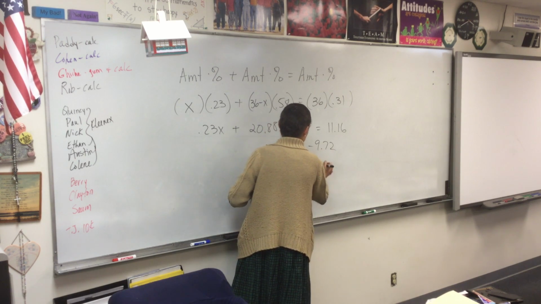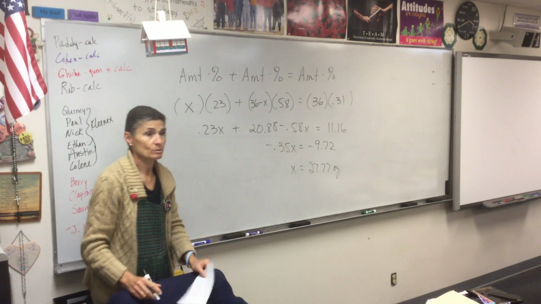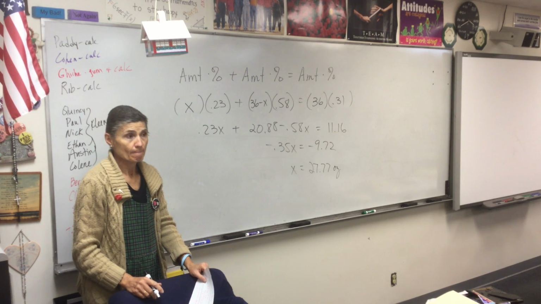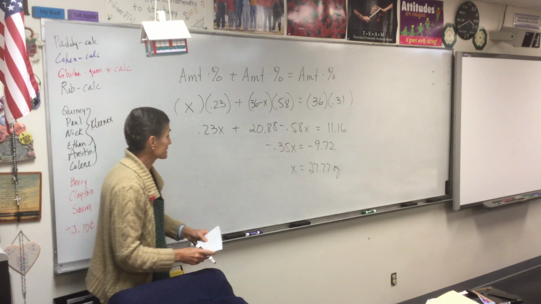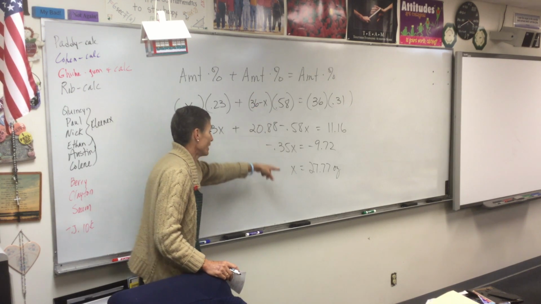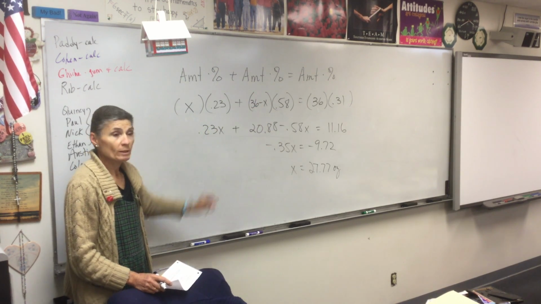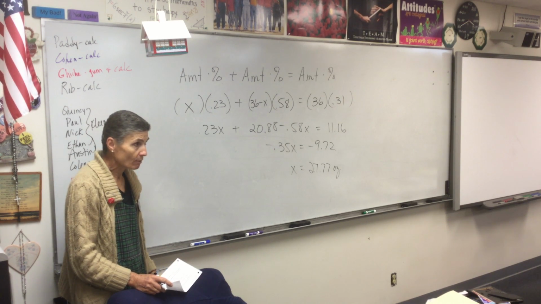So when I divide, I get 27.77 ounces. Okay. Did you get into how much of that too? Okay, all right, I'll look at that. So that's 27.77 ounces. Is anyone still unclear about that setup?